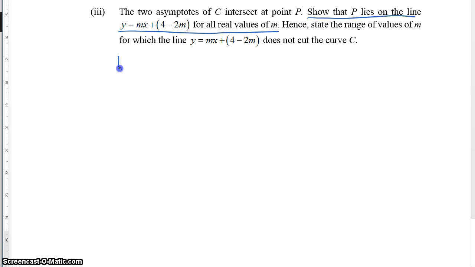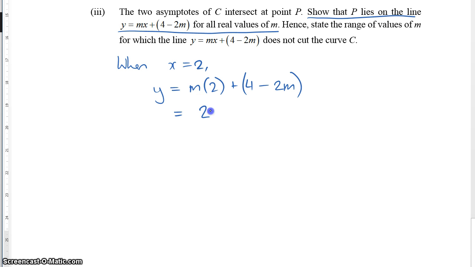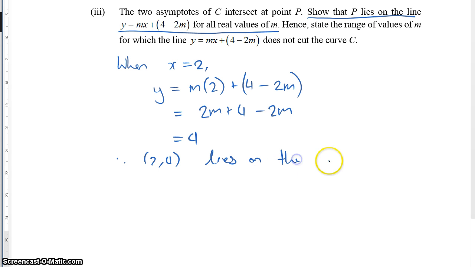Well, I substitute in when x equals 2, y equals m times 2 plus 4 minus 2m. So I get 2m plus 4 minus 2m, that's equal to 4. So therefore (2, 4) lies on the line.